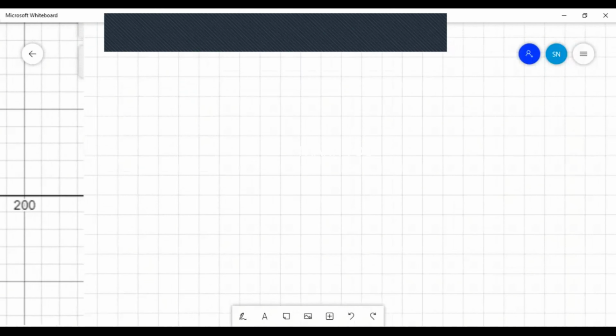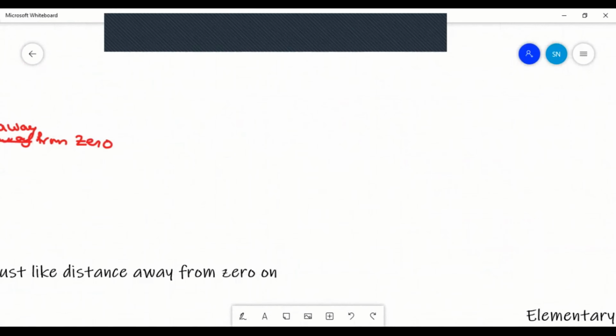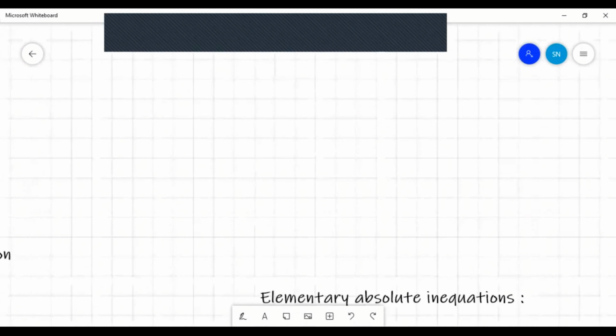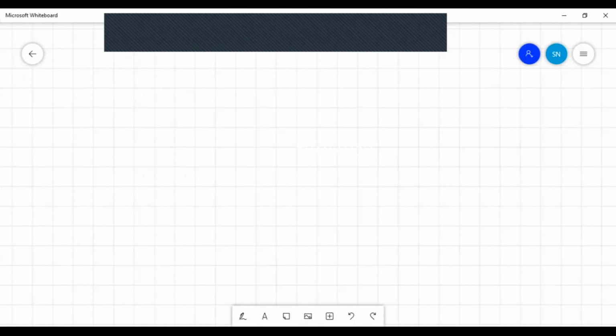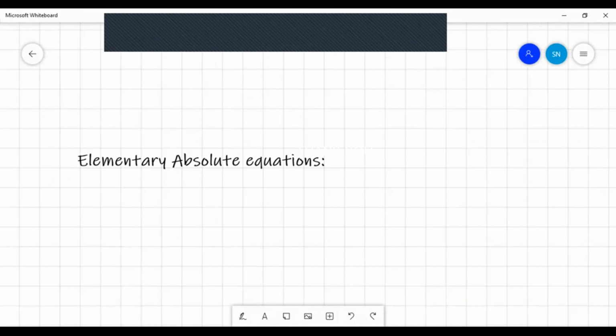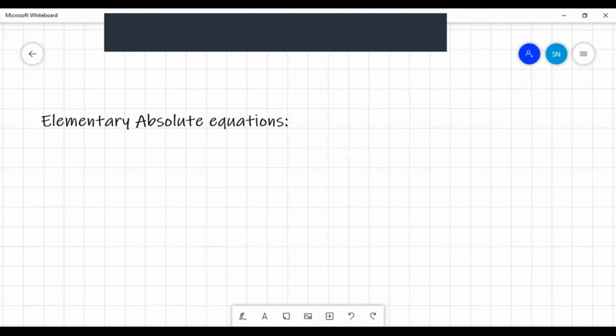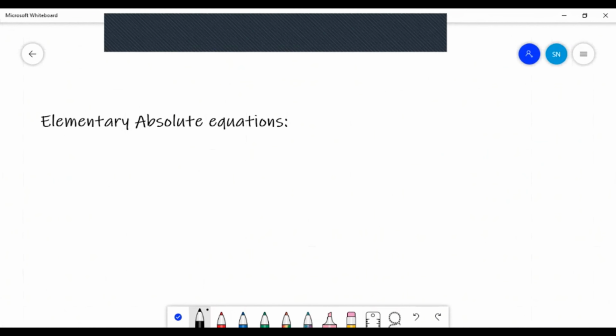Now the next point is regarding equations, some elementary equations. In elementary absolute equations, from the understanding of the definition and the graph, we can solve the equations which consist of the modulus function.